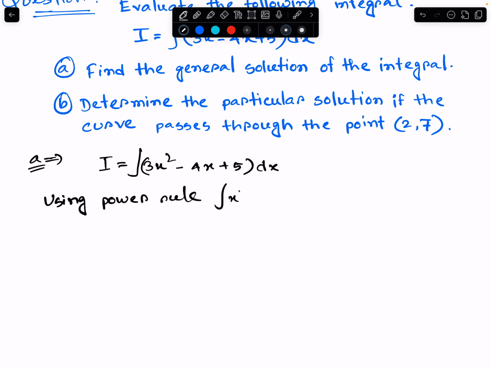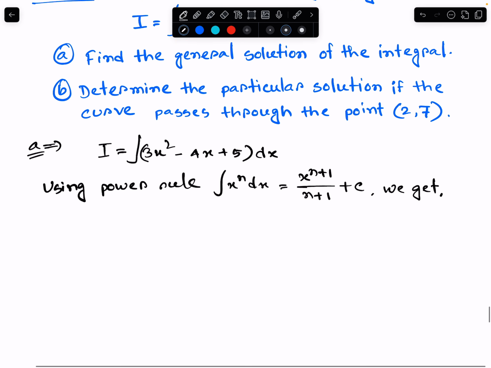The power rule is the integral of x to the power n dx is equal to x to the power n plus 1 divided by n plus 1, and definitely plus c for indefinite integration, right? For an indefinite integral, we must write plus c. I wish you already know this.